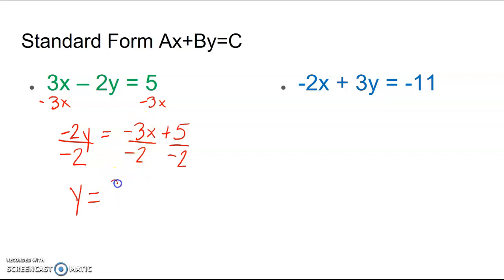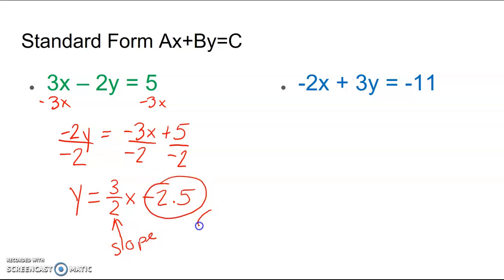Well, that's going to be a positive 3 over 2x. There's my slope. And 5 divided by -2 is going to be -2.5. Okay, so my slope is 3 over 2. My y-intercept is going to be (0, -2.5). And because my slope is positive, my correlation is also going to be positive.